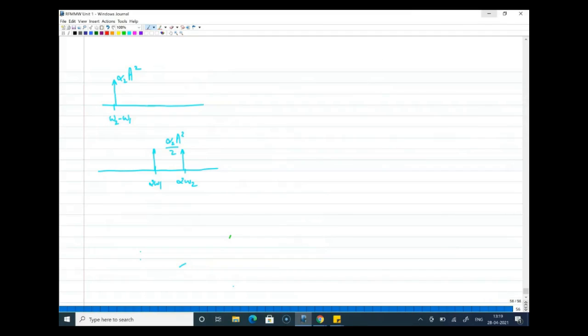For that third term, I'm considering the IM2 term at the output of the first stage, and also the harmonic terms at the output of the first stage. Now, when these two get combined, you will get products at the output of the second stage. You can mathematically verify this.